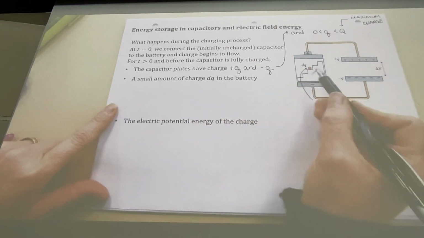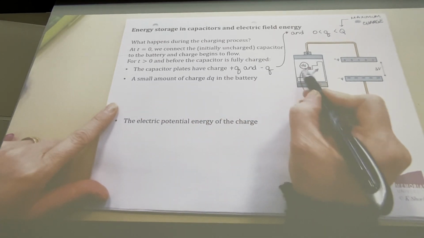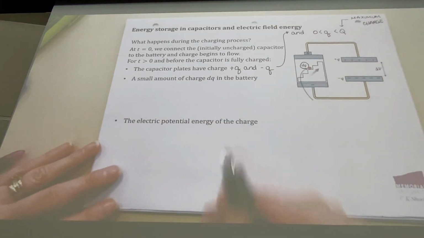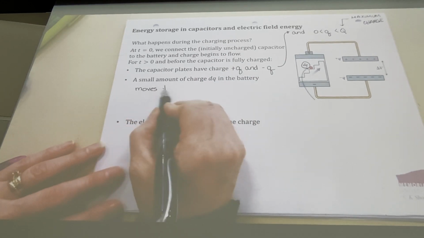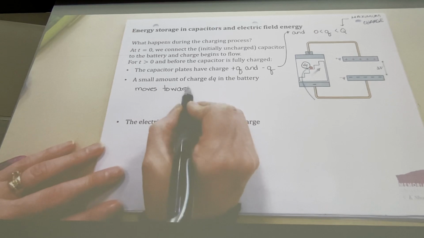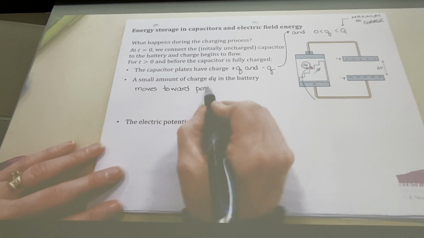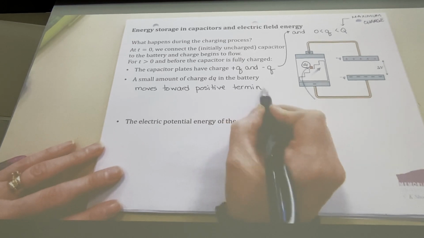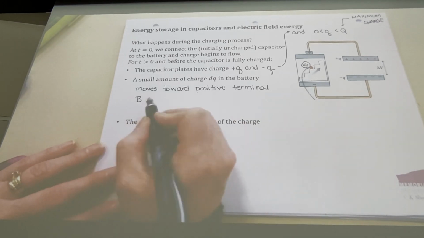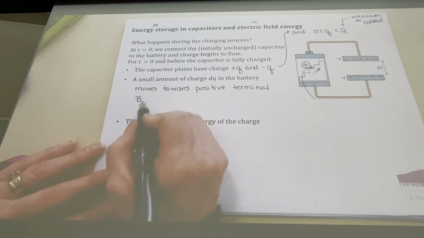So a small amount of charge inside the battery, this little dq, is going to move towards the positive terminal. And the reason it moves is because the battery, the chemical reaction, does work.